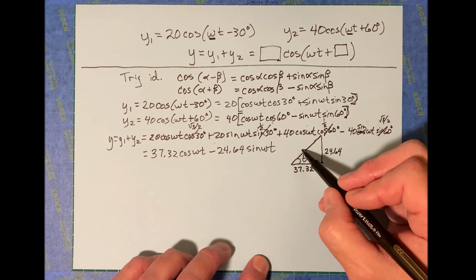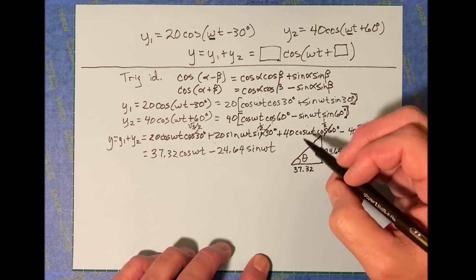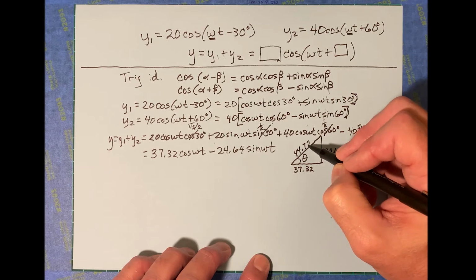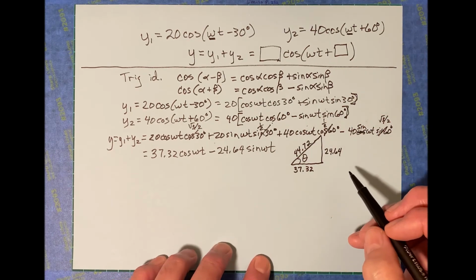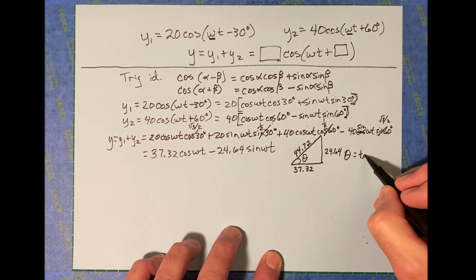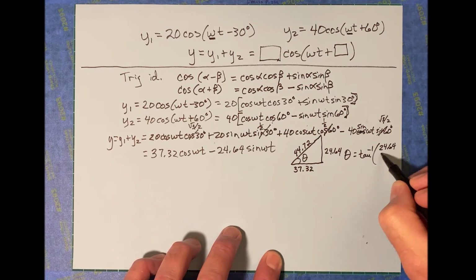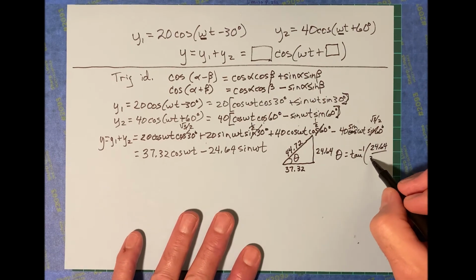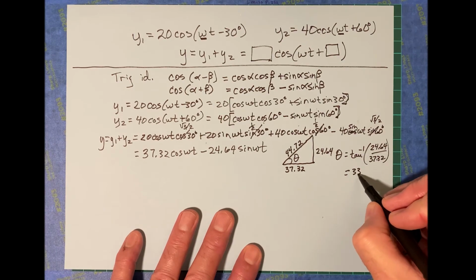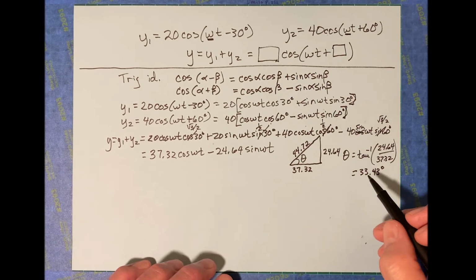That makes the hypotenuse the square root of the sum of these two sides squared, and that turns out to be 44.72. So theta is the inverse tangent of 24.64 divided by 37.32, and that turns out to be something like 33.43 degrees. I'm just carrying it out to some arbitrary number of decimal places.